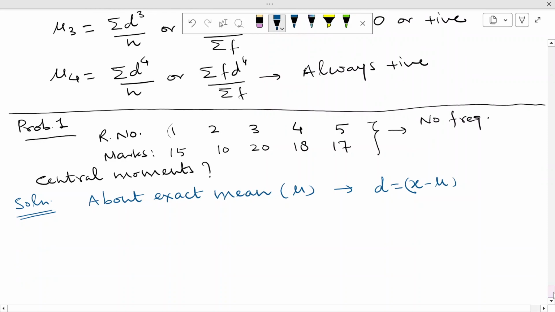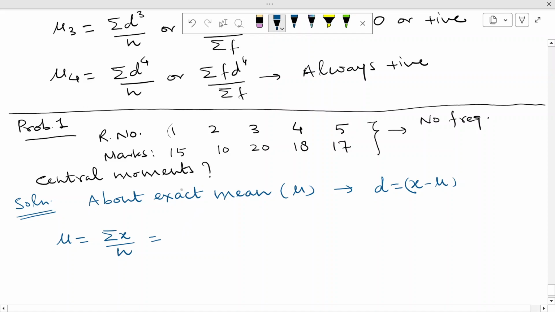So here we have to first find out our exact mean. So mu can be obtained by simply adding all the observations and dividing by the number of observations.